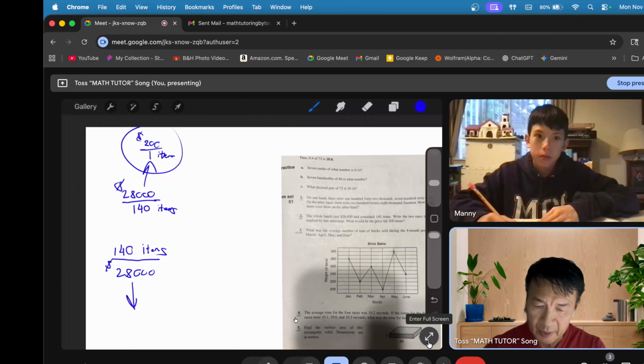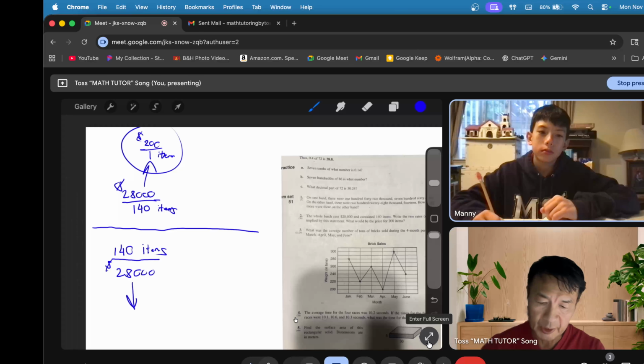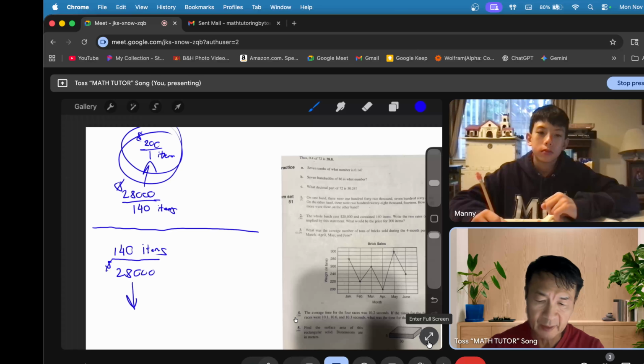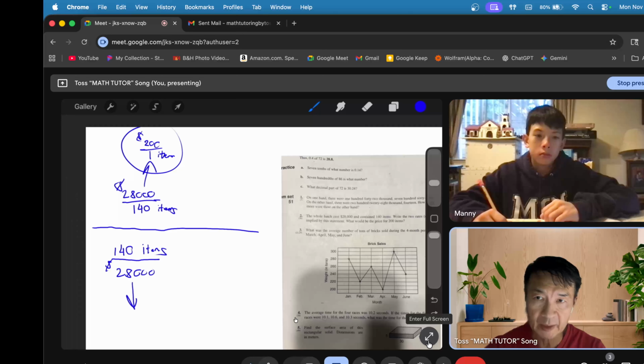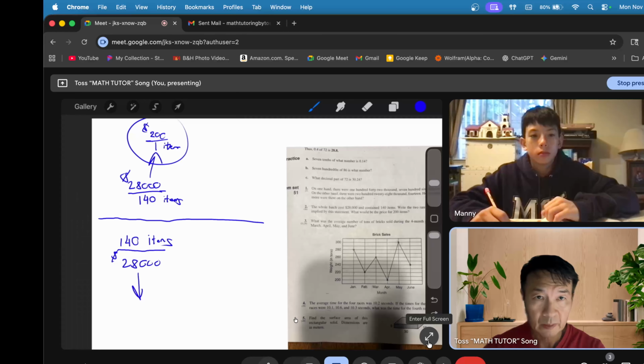What do you think this is going to turn into? Pretend you reduced it to make it look like that. How would you change that into something smaller? How would you rewrite it? The hint is up here. What do you think?